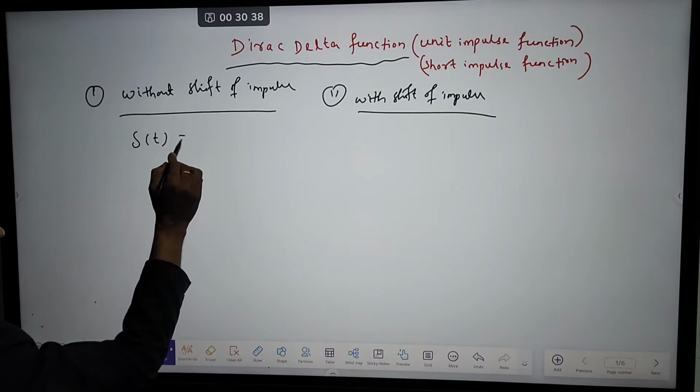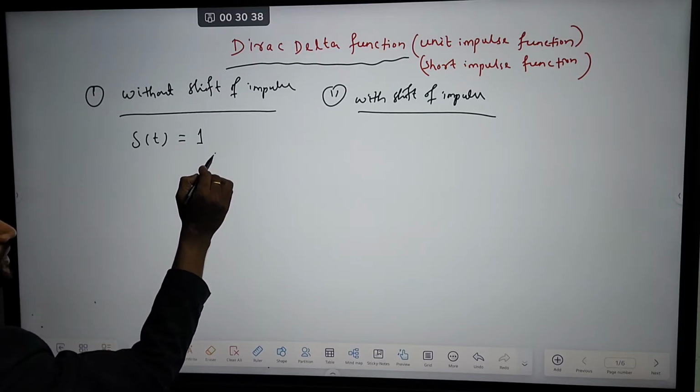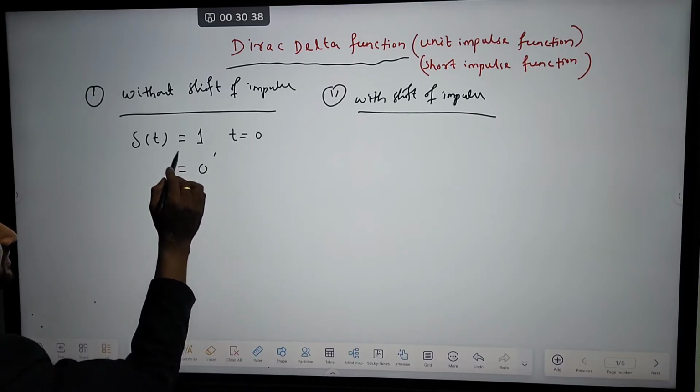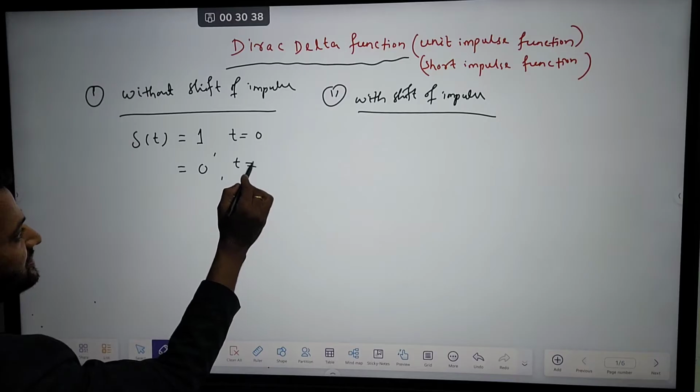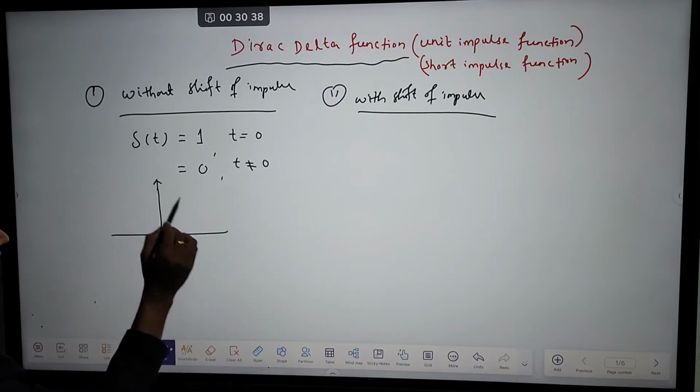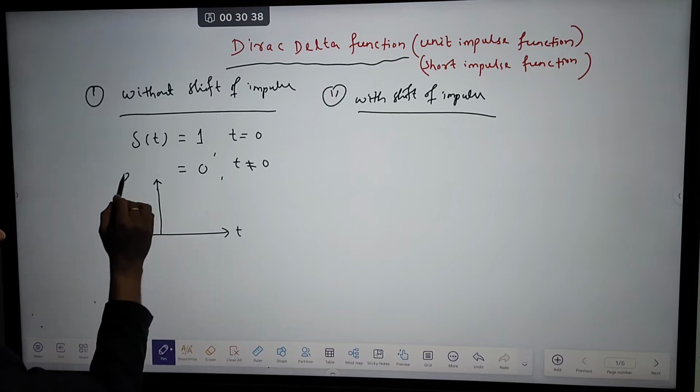इसका condition क्या होता है? Del t is equal to 1 when t is equal to 0, and del t is equal to 0 when t is not equal to 0. If you plot the graph, in x-axis we take t, in y-axis we take del t.